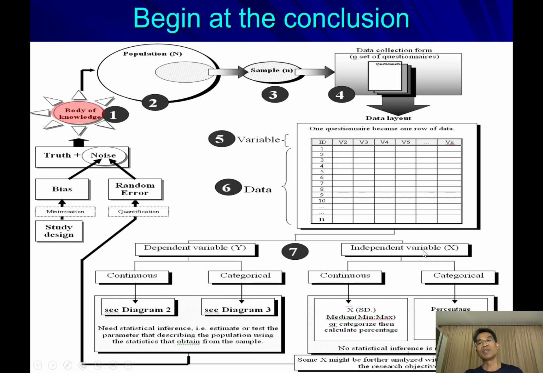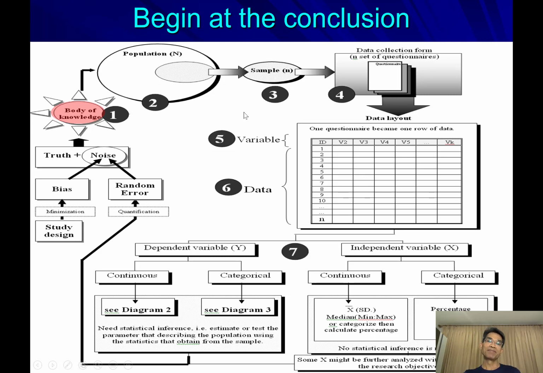Also, for the independent variable X, if we identify the type of the variables, we then know what statistical method will be used.